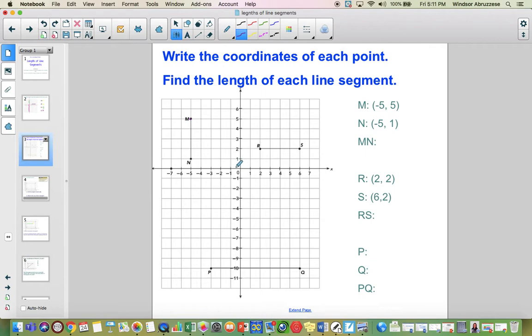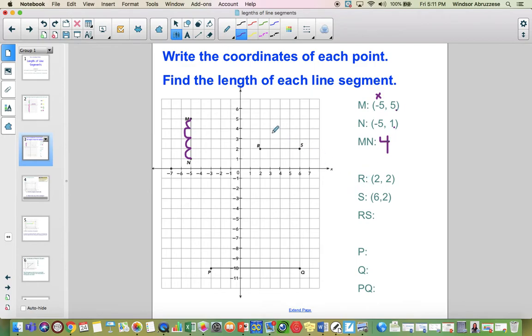N is -5, jump up to 1. So the x coordinates are the same. Let's figure out the length of the line segment. Let's count. 1, 2, 3, 4. Right? Because from 1 to 5, I go 4 units.